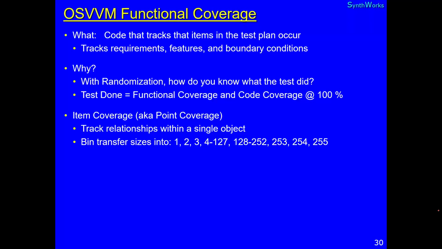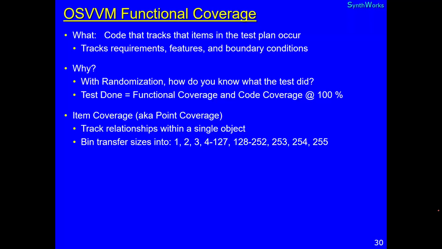Okay, so item coverage is all about tracking relationships within a single object. So code coverage can tell you an object has been written to or not, but it certainly cannot bin the values in that object. So if we're looking at a DMA controller like thing that supported transfers up to 255 words, we're going to look for small transfers like 1, 2, 3, and individually track those to see that they happened.